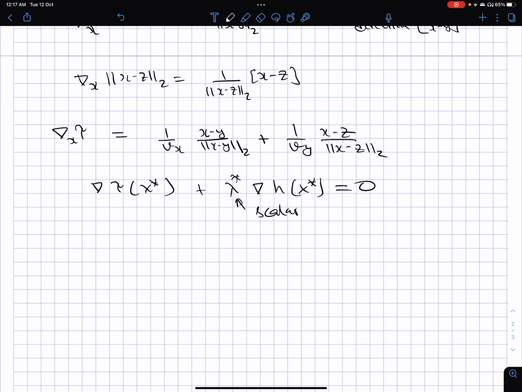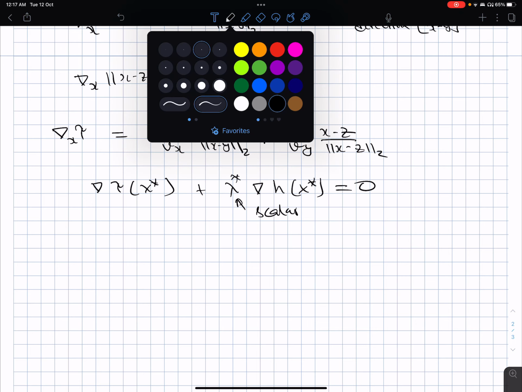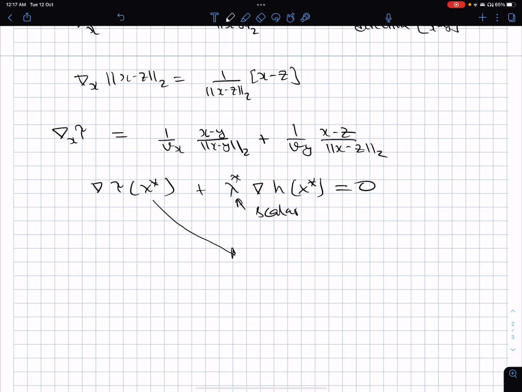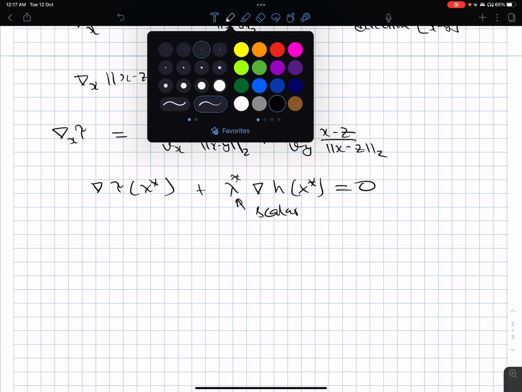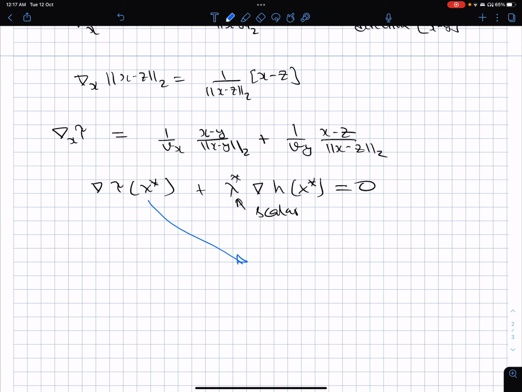So therefore, what we come to the conclusion is that the normal to the constraint surface and the gradient vector of the objective function should be collinear, because the lambda could be positive or negative, it doesn't matter, it could be anything, so it has to be just collinear.